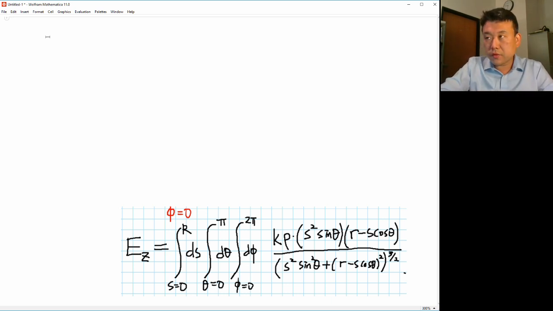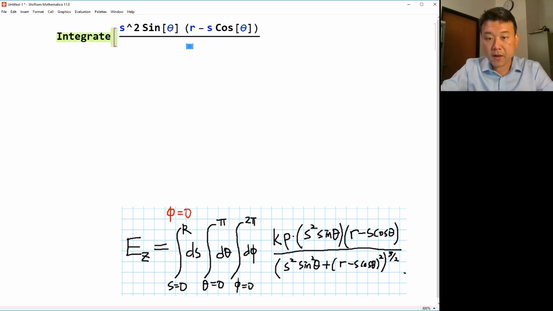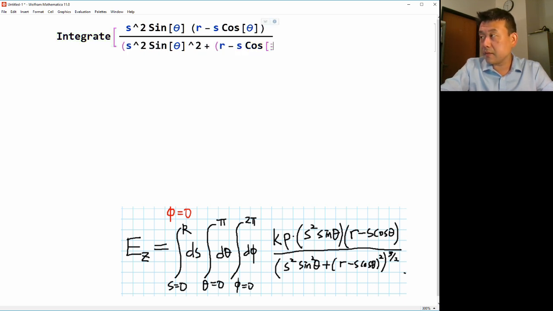So what I want to do is I want to integrate s squared times sine theta times r minus s cosine theta, the whole thing divided by s squared sine theta squared plus r minus s cosine theta raised to power of 2, the whole thing raised to power of 3/2.